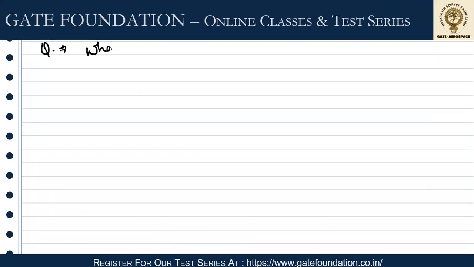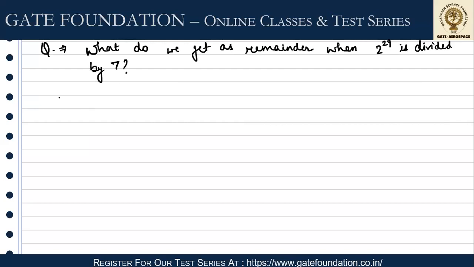What do we get as remainder when 2 to the power 29 is divided by 7? It's a pretty simple question.